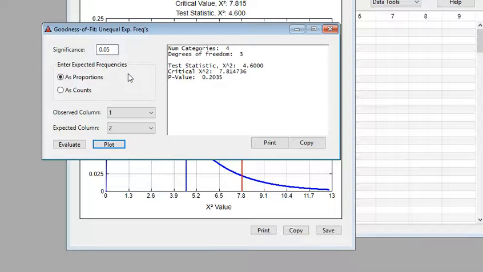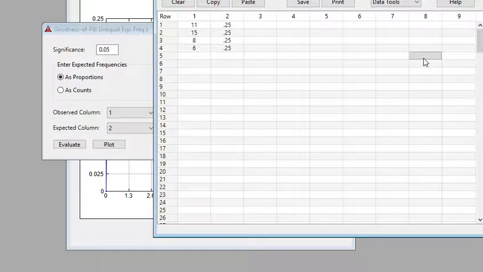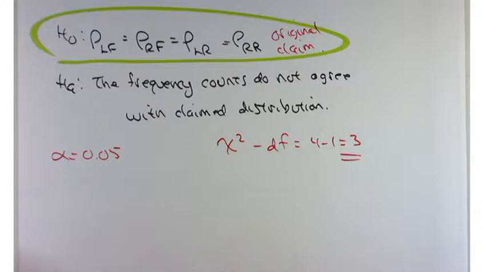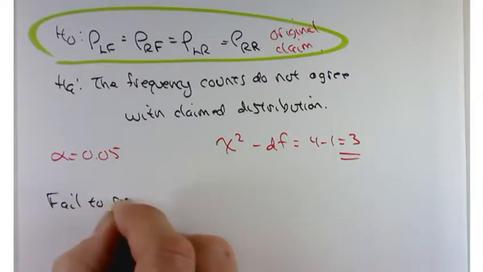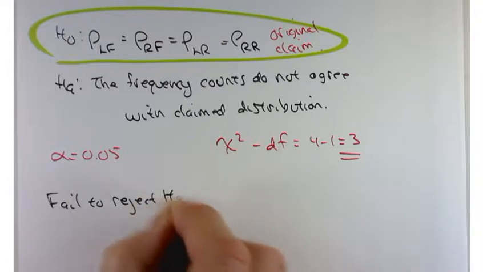So looking at the p-value, keeping in mind this is a 5% significance level, would you accept or reject? Yeah, accept. I keep on saying accept. I should say fail to reject. So shame on me here. Fail to reject. So that's our decision here: fail to reject H naught.